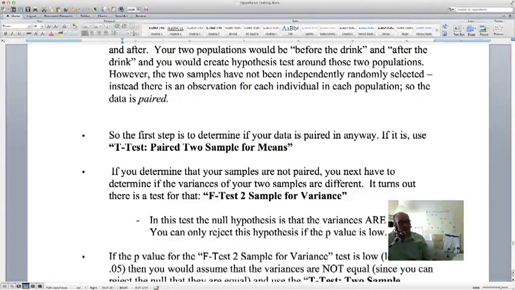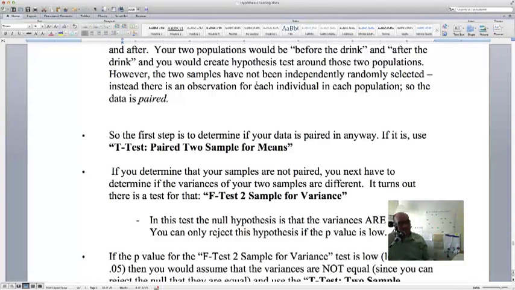So I could actually think of a way to test my super-duper jumping tonic that would not be paired data. It has nothing to do with the jumping per se. I could just randomly grab people in the hall, flip a coin, and if the coin lands heads, then I'm going to give them the tonic, and if it lands tails, then I'm not going to give them the tonic, and then I'm going to ask them to jump, right?